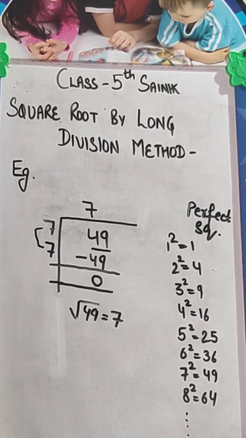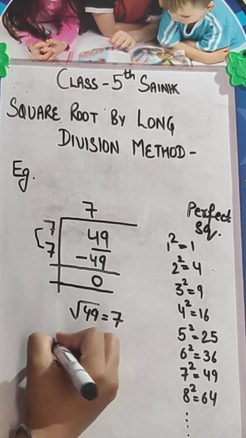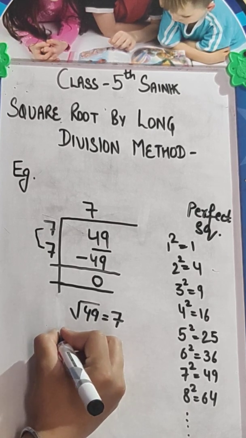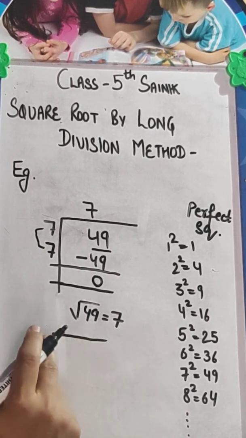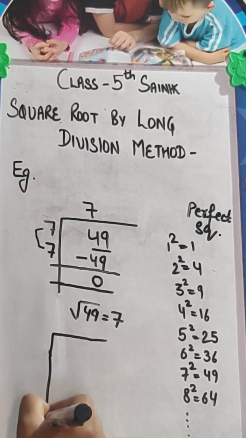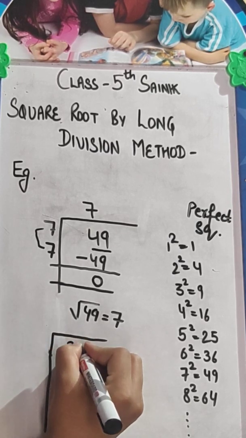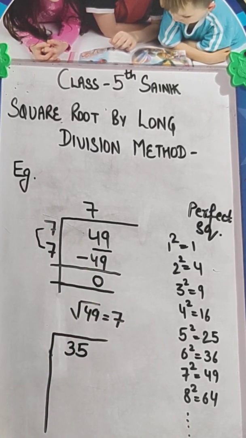Supposedly I am taking an example of a non-perfect square. If I have to find the square root of 35 by long division method, as I told you we will always multiply the number by the same number.